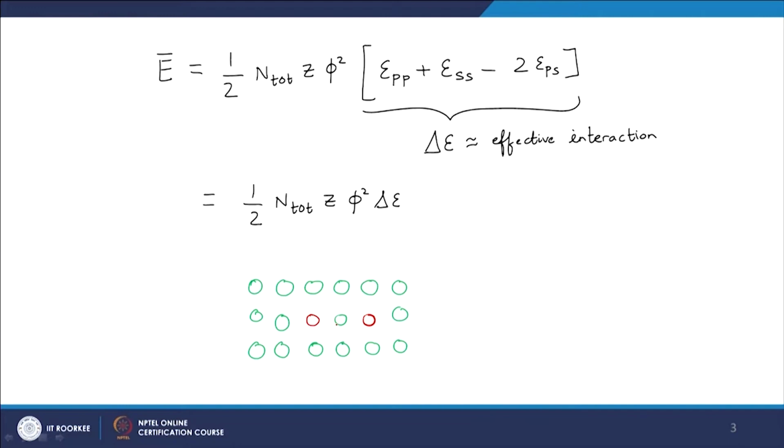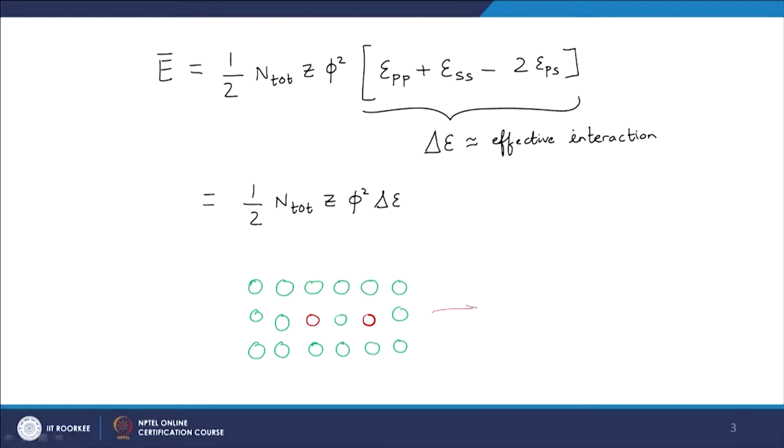Let us say we are thinking about a process where these two molecules will come together. In that case, the new arrangement will look like this. Once these two red guys, these two solute molecules, come together, this will be the new arrangement.